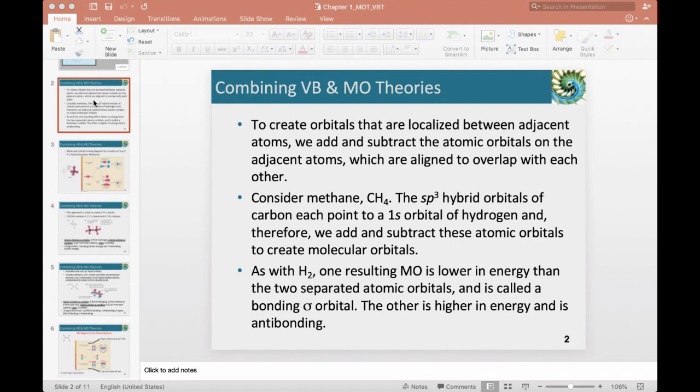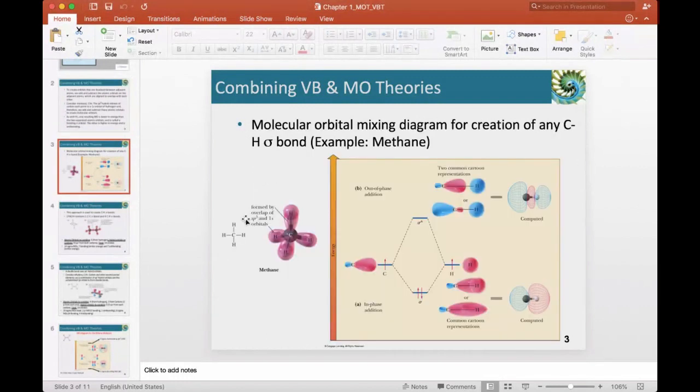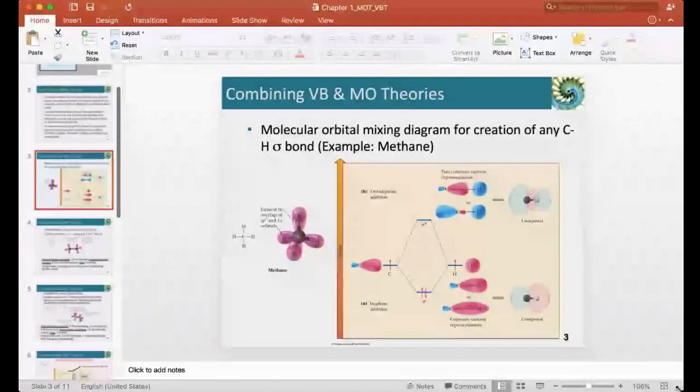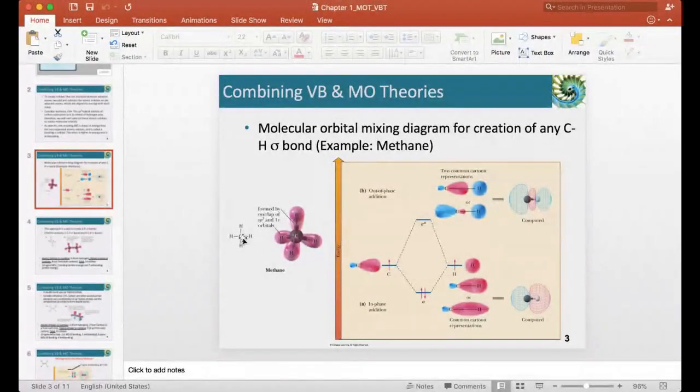Let me give you an example with methane, which is the simplest example of an organic molecule that we can have. So here is a molecule of methane, CH4, okay? The hybridization of the carbon atom is sp3.